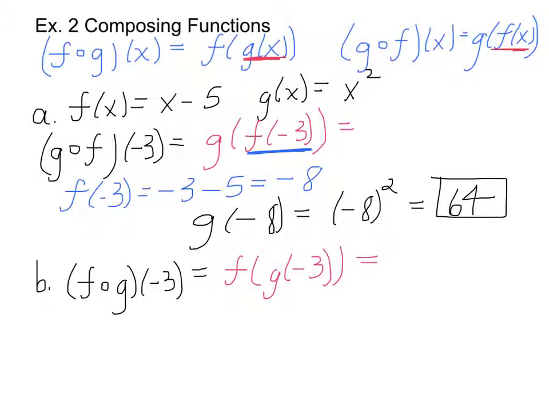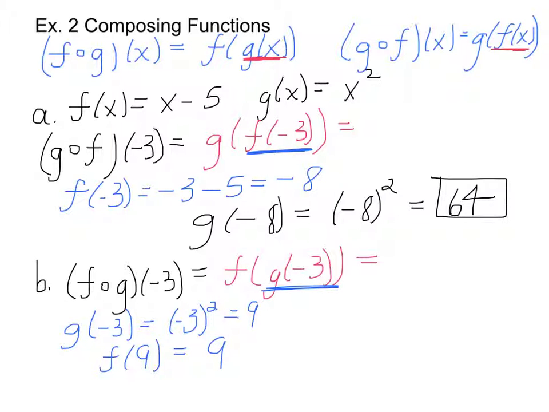So that means we're going to do this inside first. So now we're going to plug in negative 3, which is 9, and then you evaluate f of 9. So my final answer is 4.